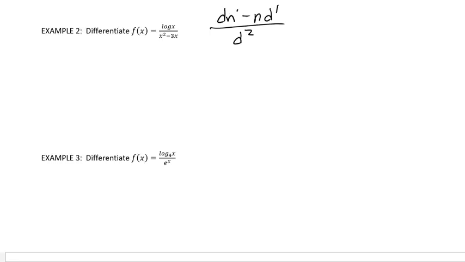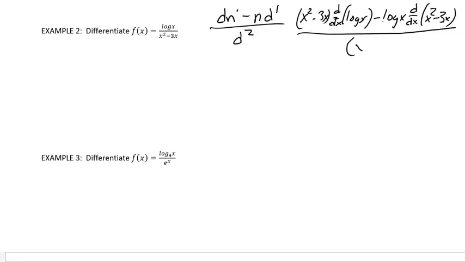So that would be the denominator, x squared minus 3x, times the derivative of the log of x, minus the log of x times the derivative of x squared minus 3x, all over x squared minus 3x, squared. Good.